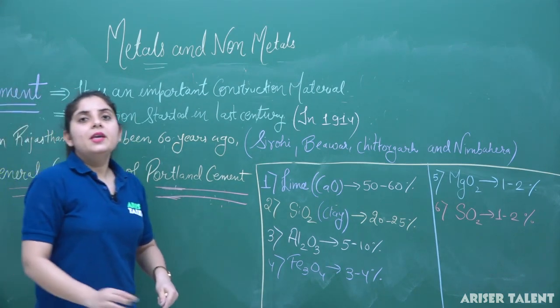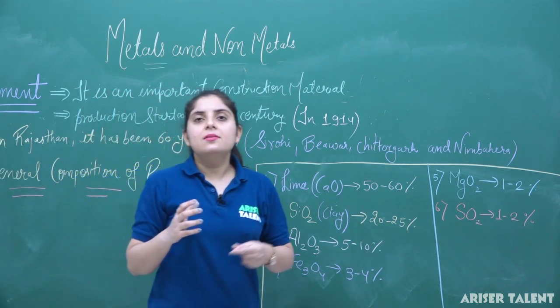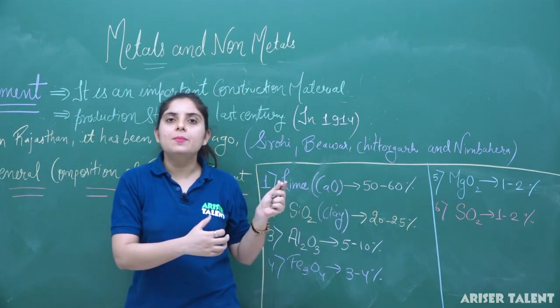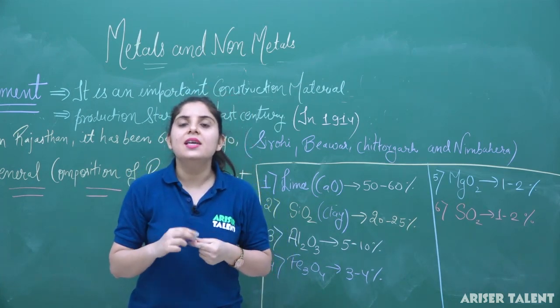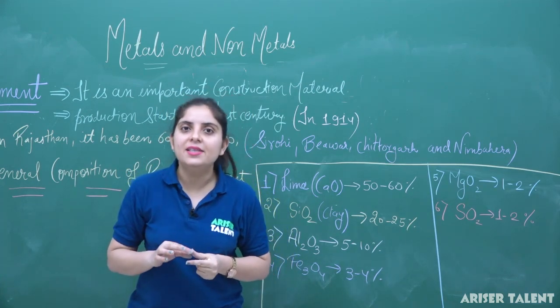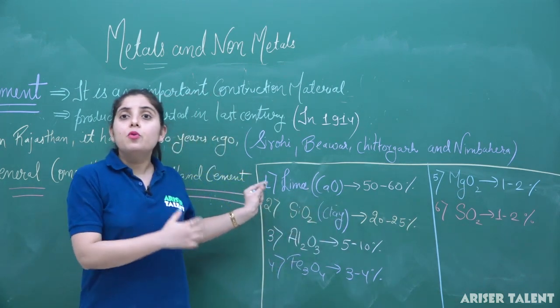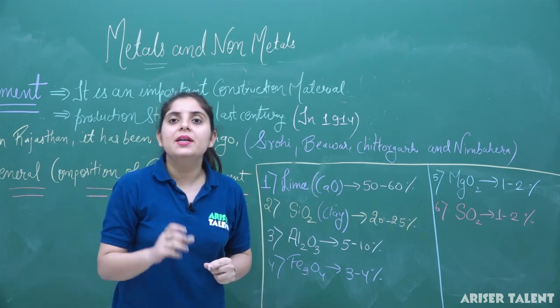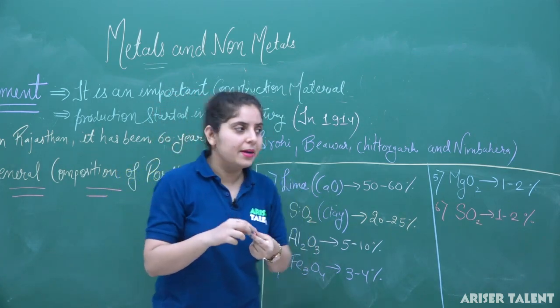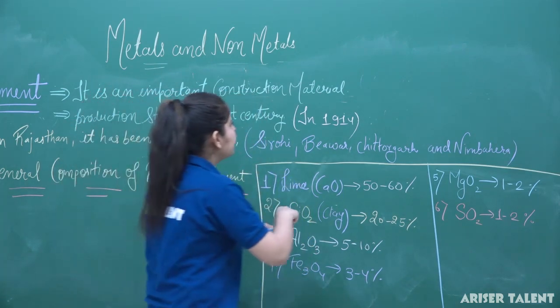Now if in the clay that is used for the manufacturing of the cement the quantity of the iron oxide is less, we can say that this is a constituent of white cement. This is the composition of Portland cement, and if iron oxide is absent, we can call it white cement. So what is white cement?